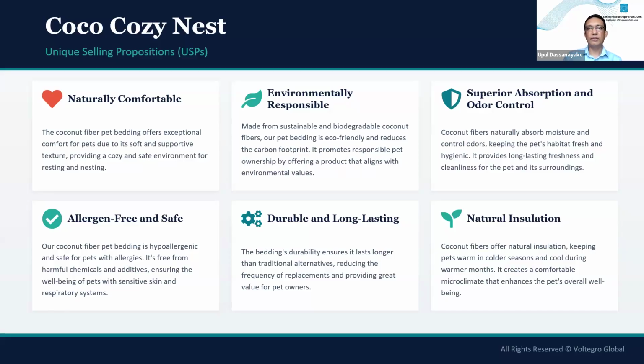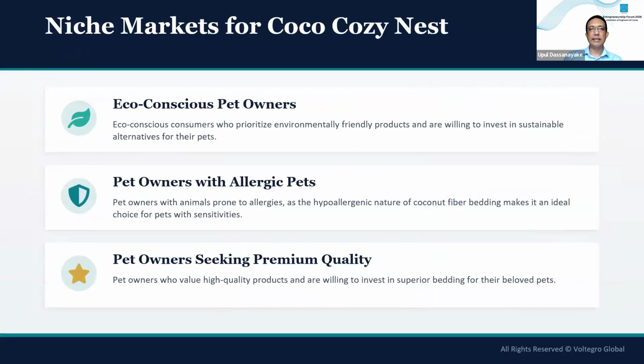Right. So this is one. Let me show these market segments. Market segmentation is a different area that we are not discussing today, but these are the market segments that he had selected: eco-conscious pet owners with allergic pets, and pet owners seeking premium quality.